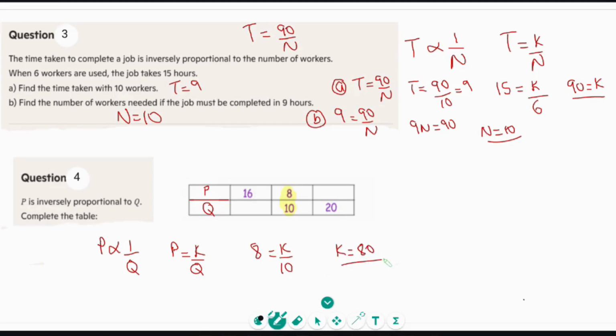K is 80. So your formula is P is equal to 80 over Q.